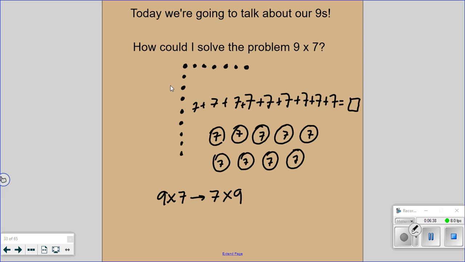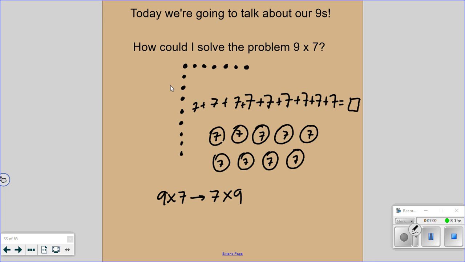Definitely could. Callie, what's that called? The commutative property. A lot of you had that in your brain. This is a great strategy. And if you're thinking about it as 7 groups of 9, that's a little less circles you got to draw. We're writing this down, right? If I'm writing, you're writing things.